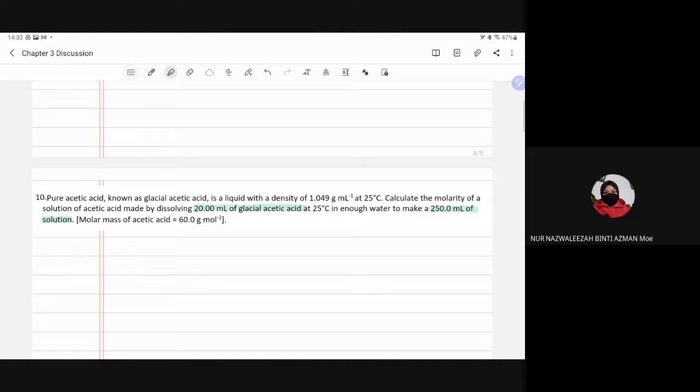Now, dia minta molarity. Okay. So sekarang ni soalan ni, there are few things yang dia bagi. Dia bagi tahu density. Kemudian dia suruh cari molarity. Dan molarity solution itu adalah molarity solution yang kita dapat apabila kita ambil 20 ml daripada acid glacial ini yang asal dan kita masukkan dalam air, kita tambah air sampai larutan tu jadi 250 ml.